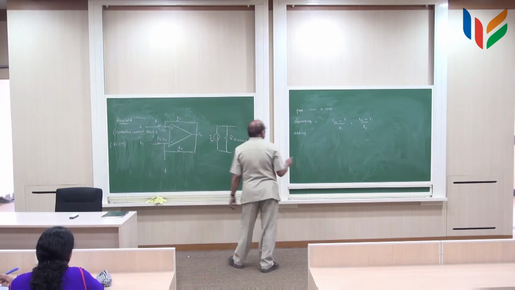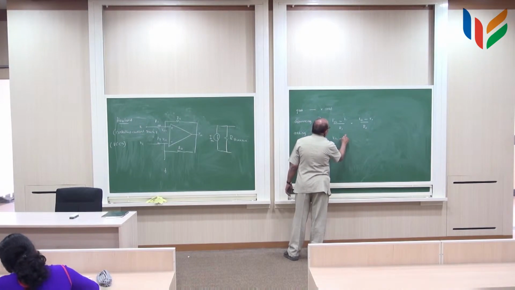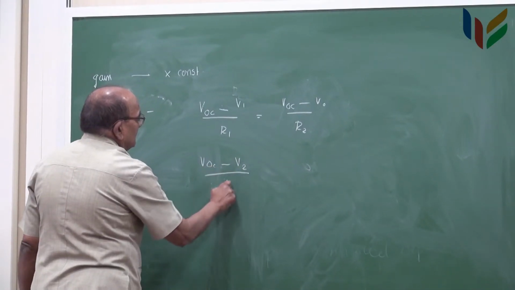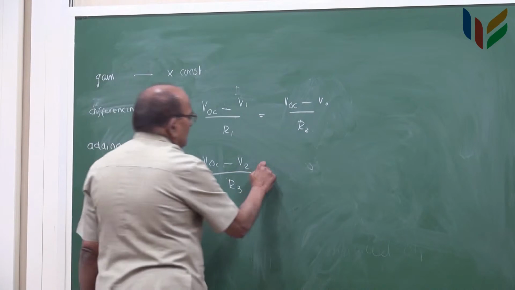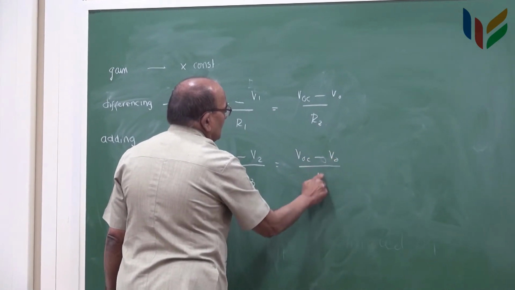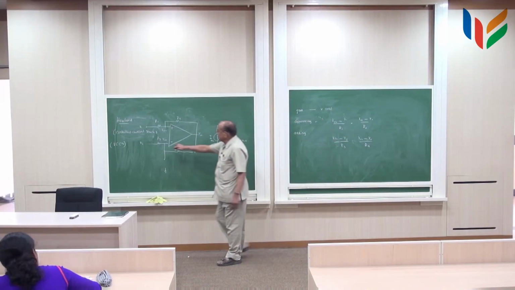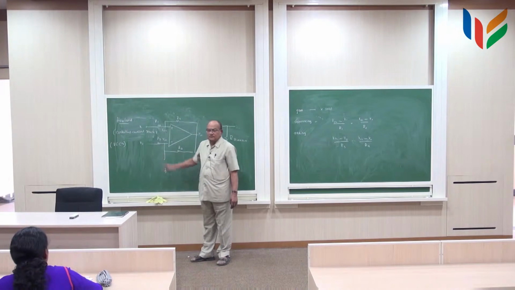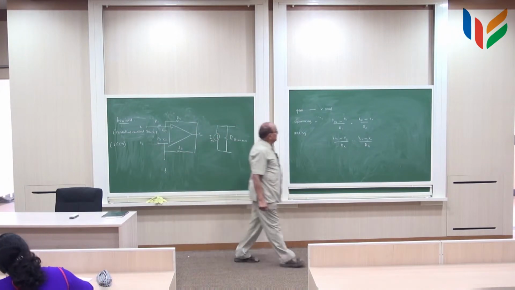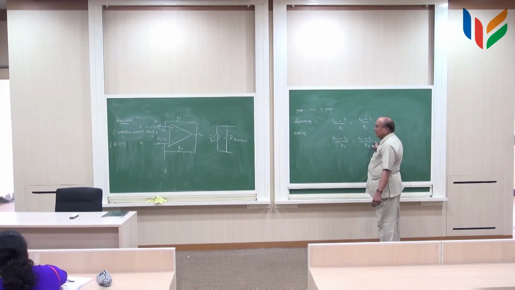At this node, only two currents are flowing. The second equation is at this node. Then eliminate VOC minus V0 from this expression.